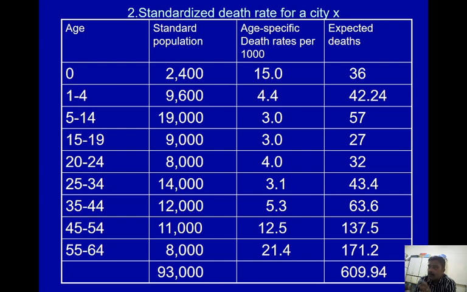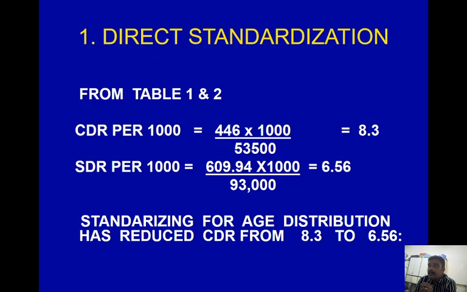That's what you try to end up with. So you take a standard population, the population of a state, district, or region, multiply the rates you got from the study onto that standard population, and calculate the expected deaths.